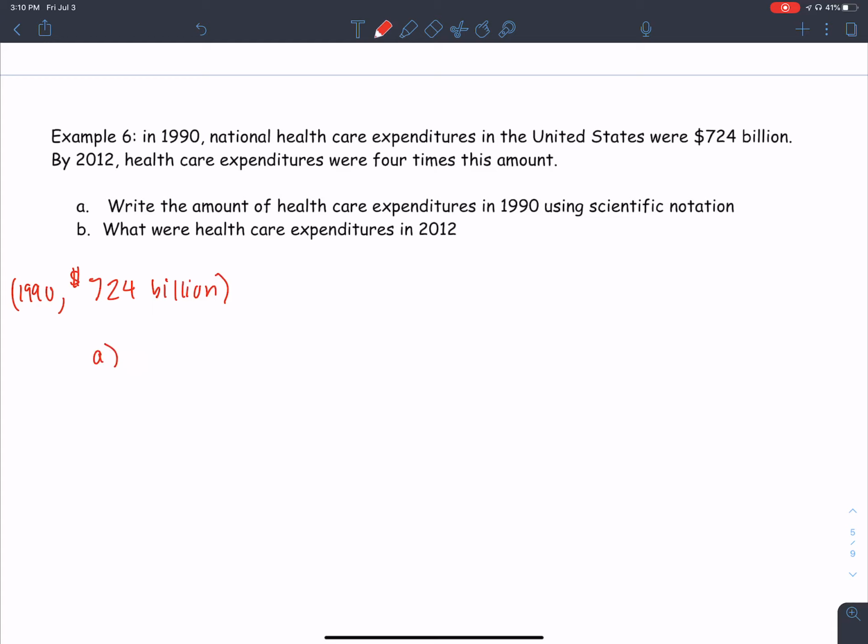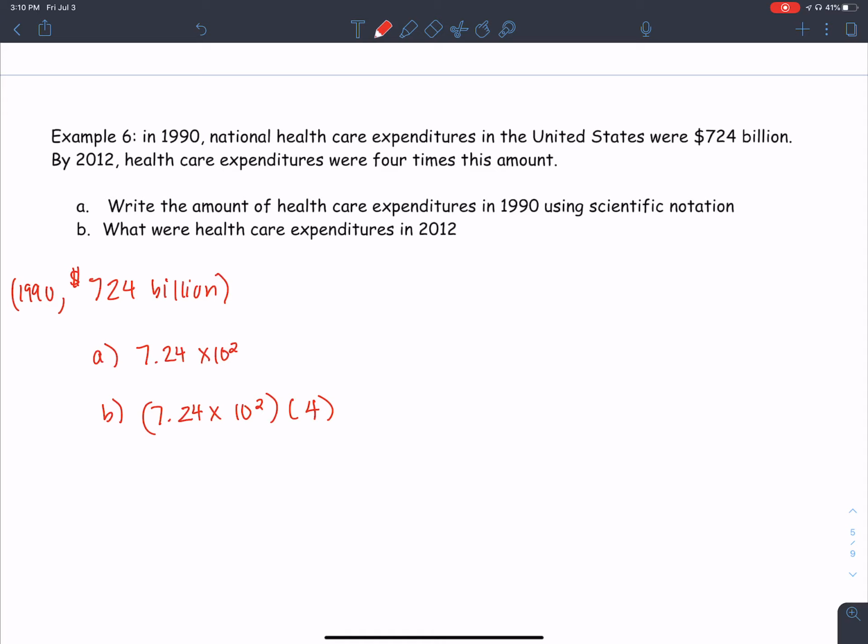So 1990 would be 7.24 times 10 to the second. And then to get the healthcare expenditures in 2012, we take 7.24 times 10 to the second and multiply that by 4.